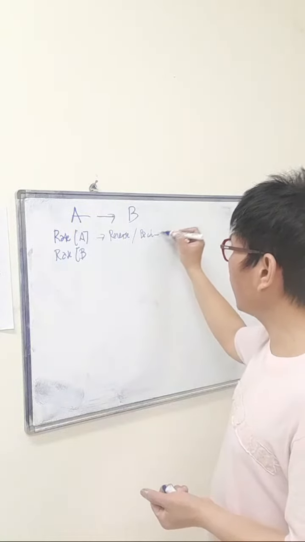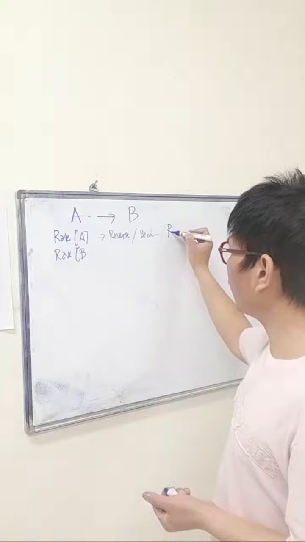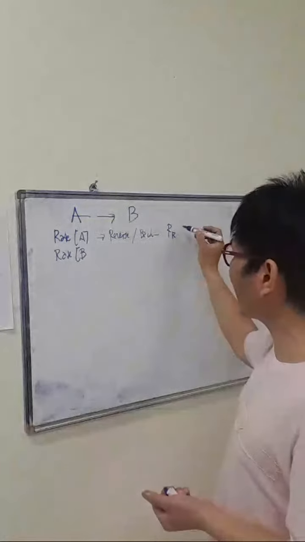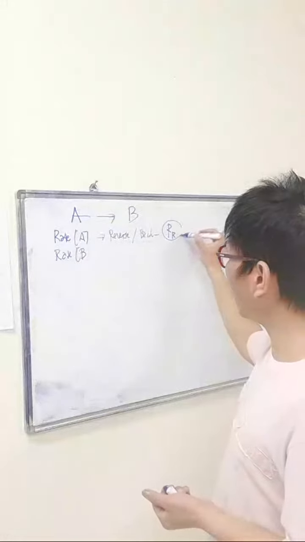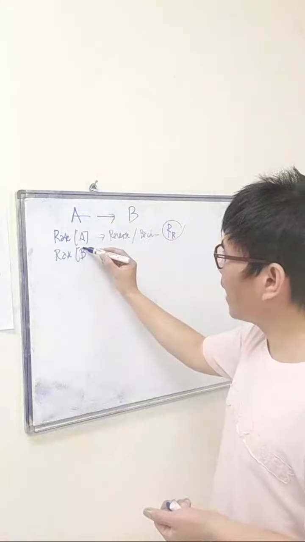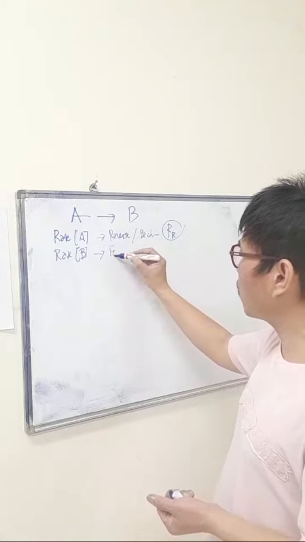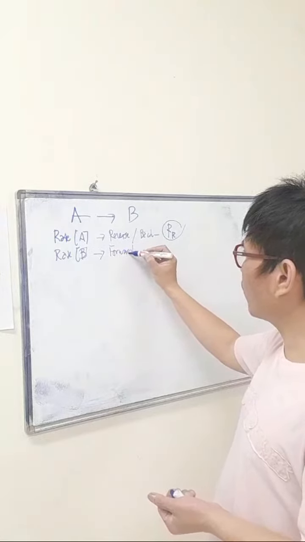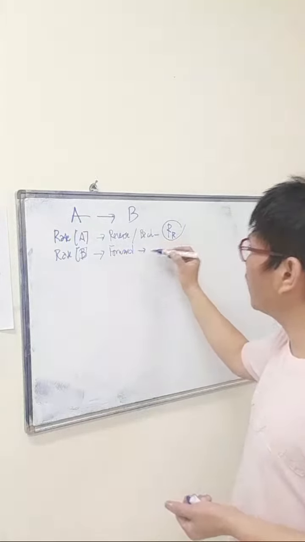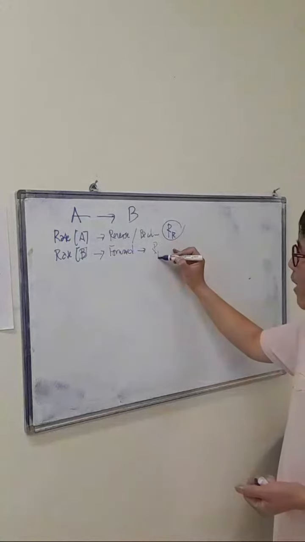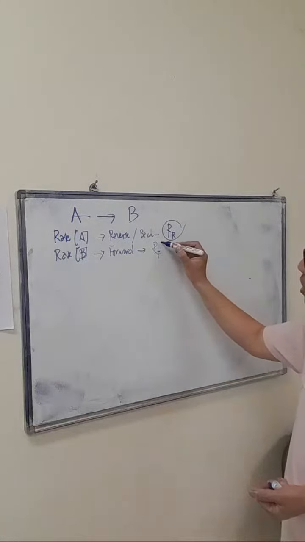So this is the rate of your reverse reaction. We will represent that as R_R. Now, your rate in the reaction B is your forward reaction. So the rate of your forward reaction will become capital R_F, meaning rate of the forward reaction.